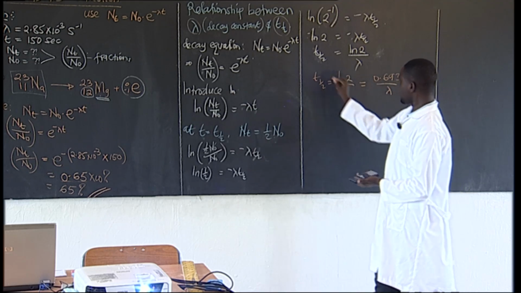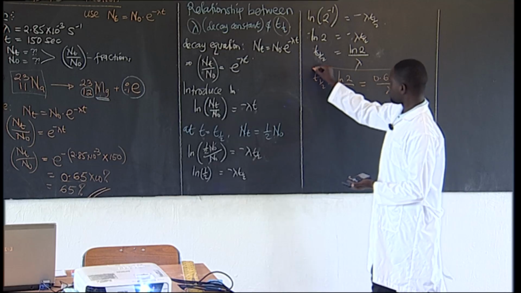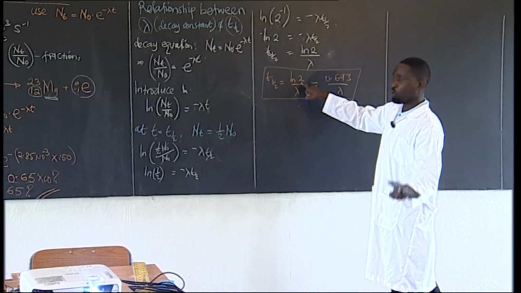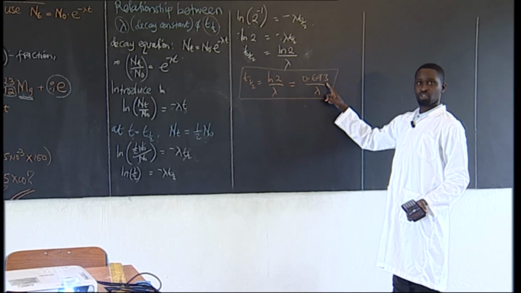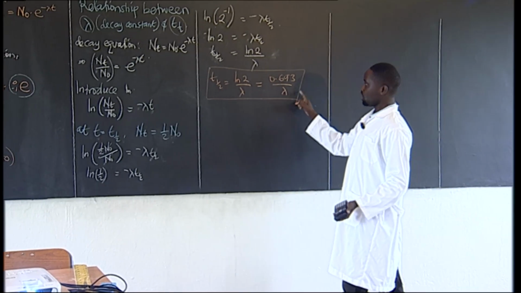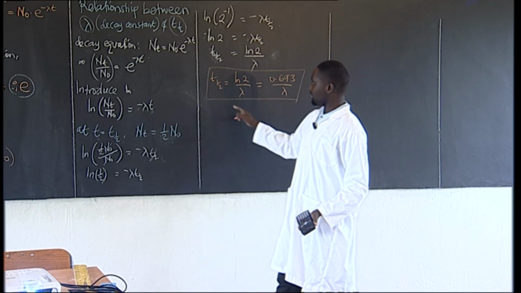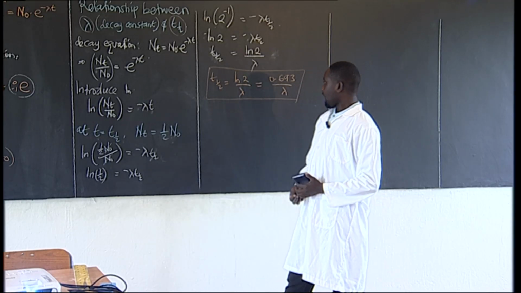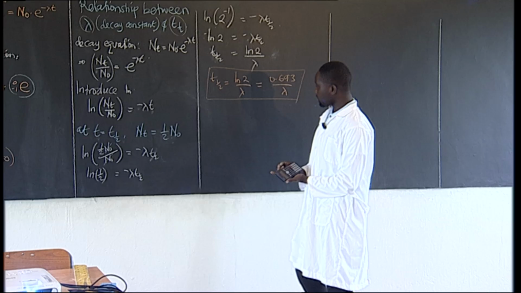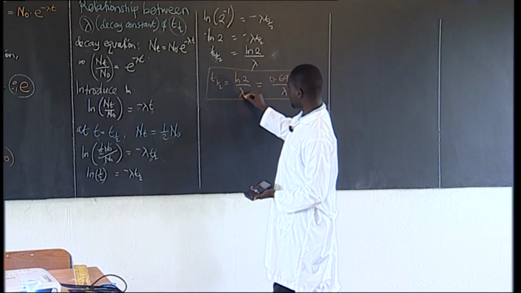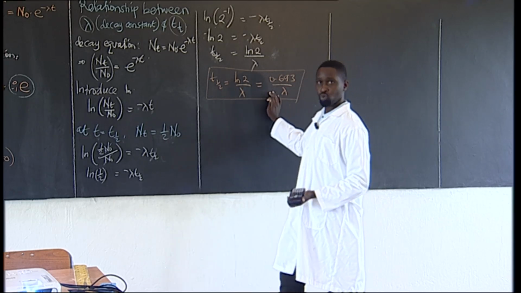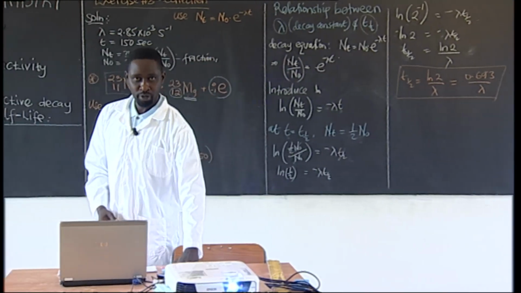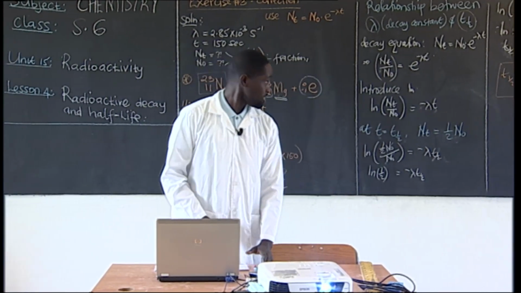So basically, either of these, you can maintain ln 2, or you can substitute the value for ln 2. Now, this is the relationship between half-life and the decay constant. What do we notice? How can we bring this mathematical expression to words? Can we bring that mathematical expression to words?